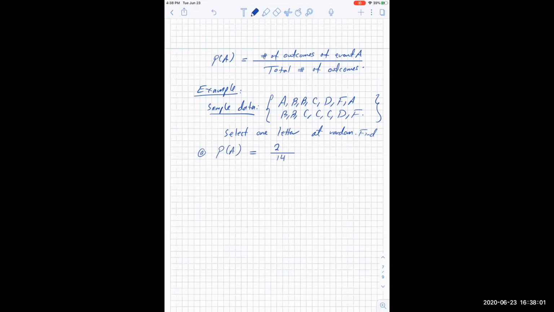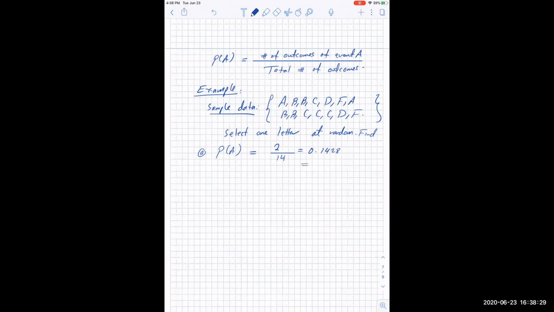I take this number and write it as a decimal first, and then we'll change it to percent. 2 over 14 is 0.1428, and so on.